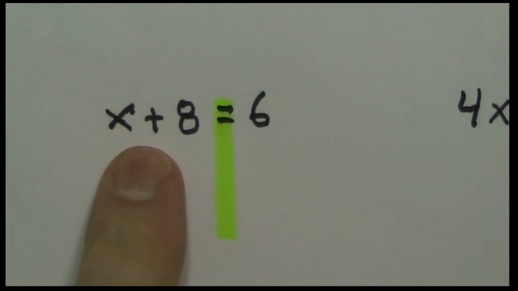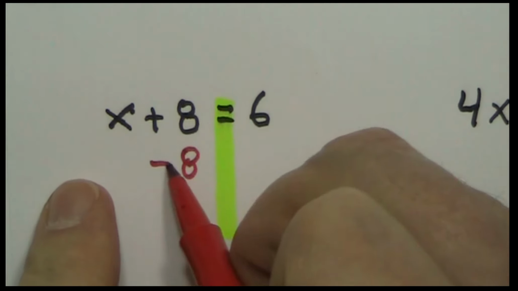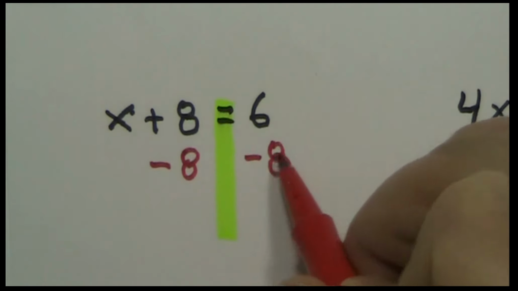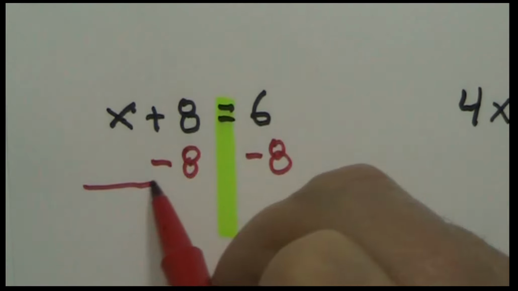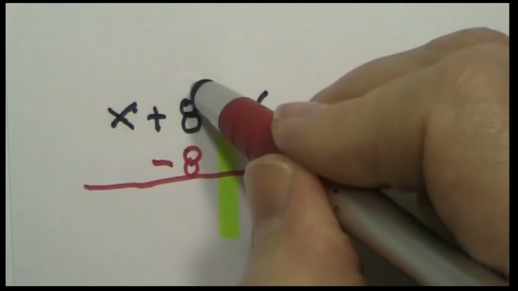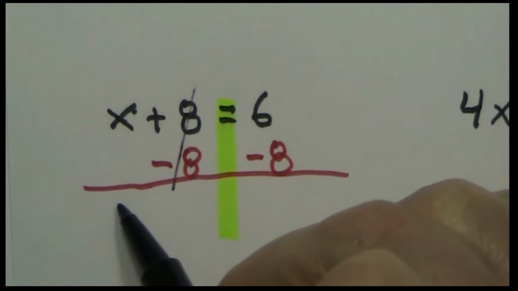I want to get rid of +8. Same number, different operation, opposite operation. And I need to do it to both sides. And if I do that, see, this becomes 0. And you're left just with the letter X.